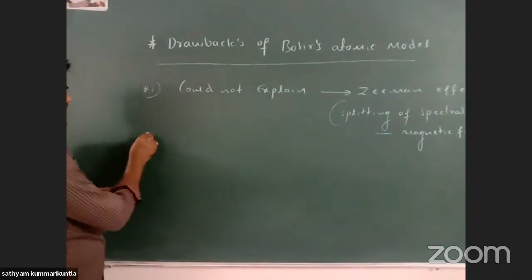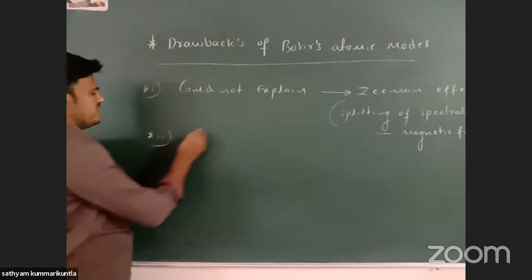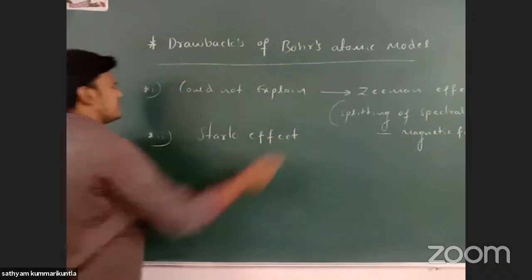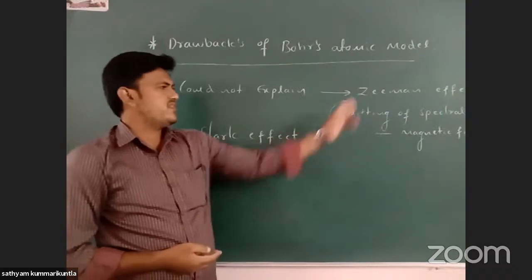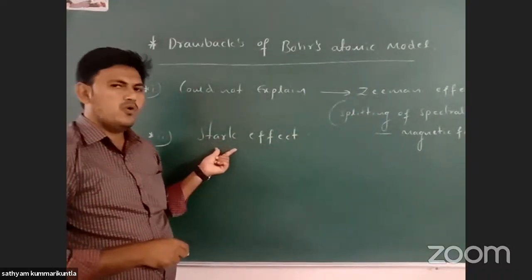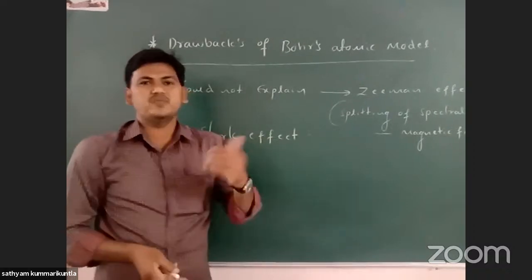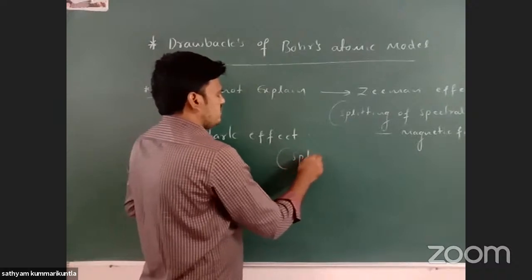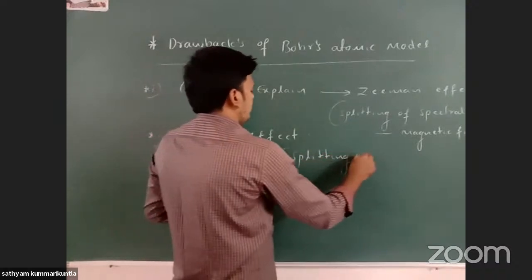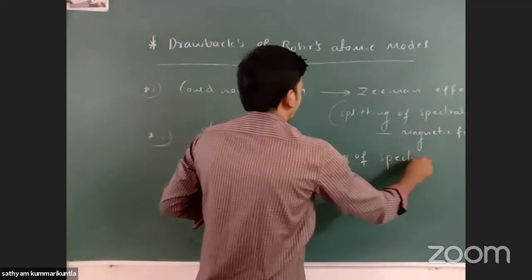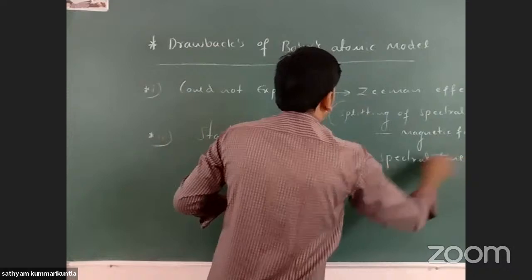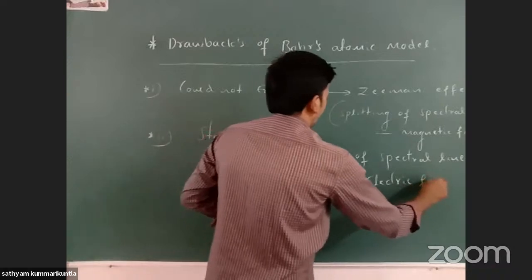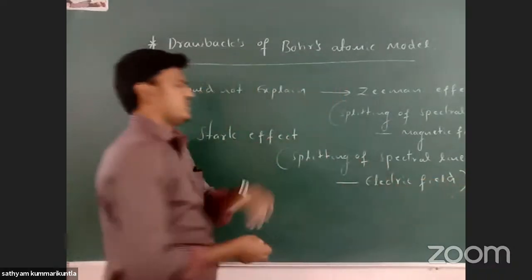The second one: Bohr's atomic model could not explain the Stark effect. What is meant by the Stark effect? Splitting of spectral lines in the presence of an electric field is called the Stark effect.